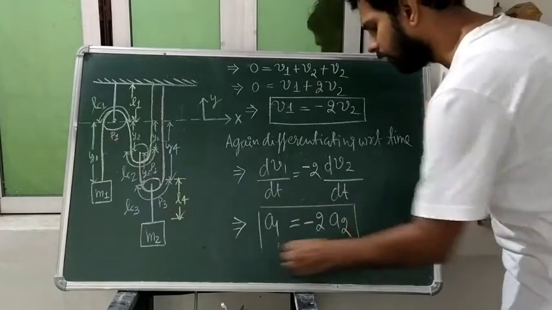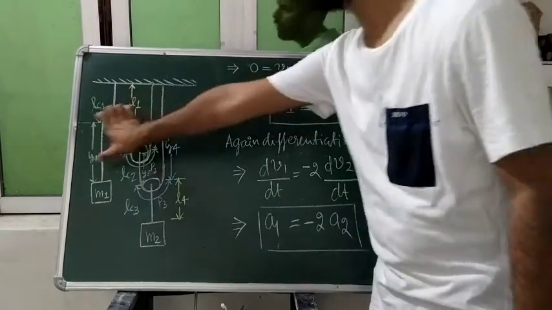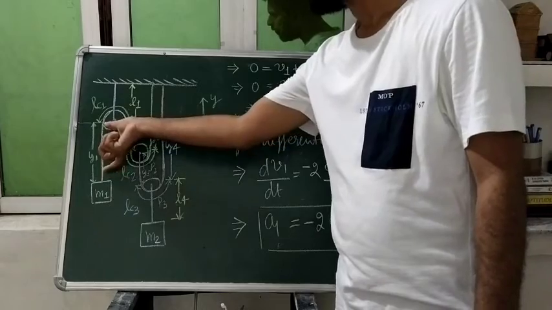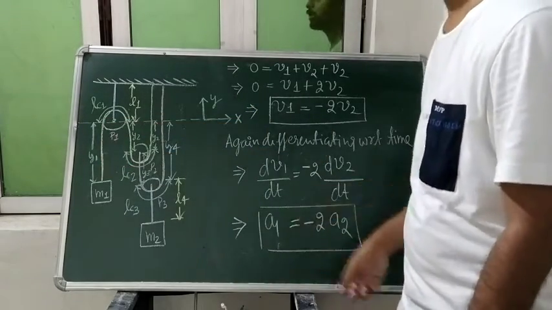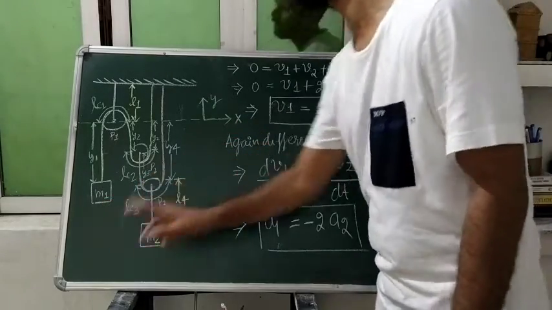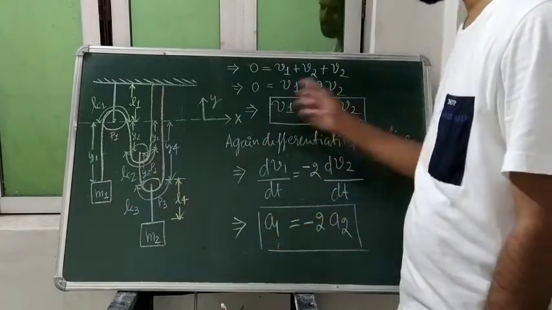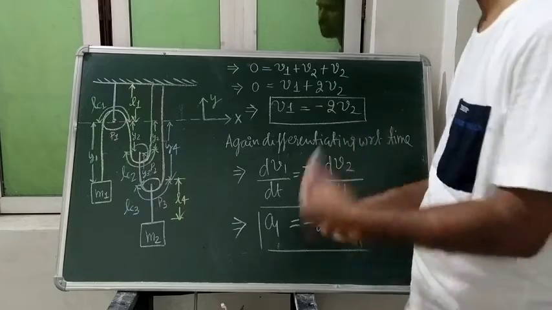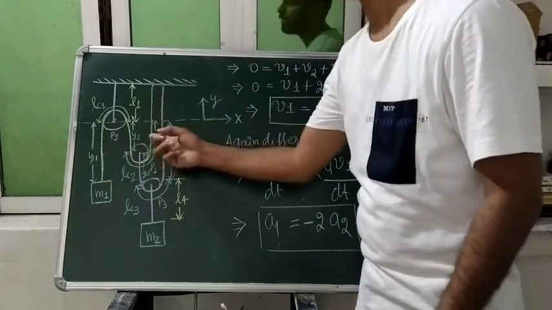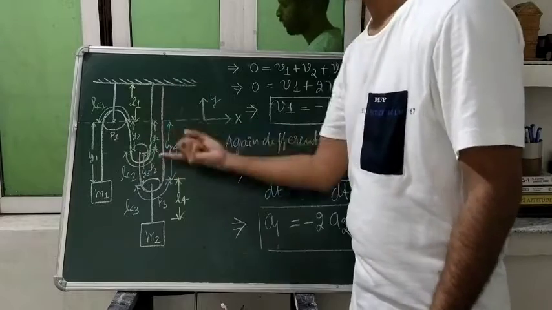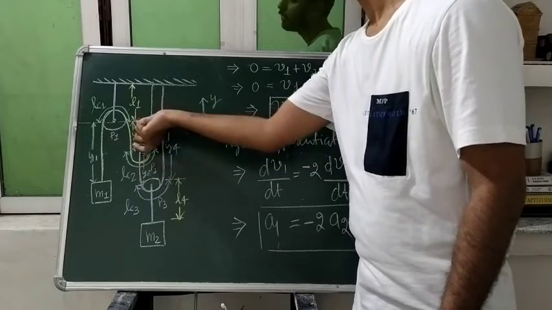So with whatever acceleration this y1 is going to move, meaning whatever the acceleration of this block m1 is, the minus of twice of the acceleration of mass m1 will be the acceleration of this pulley, or y2.